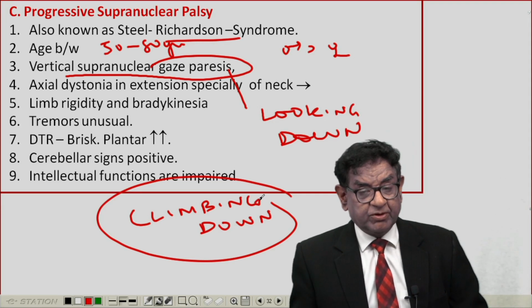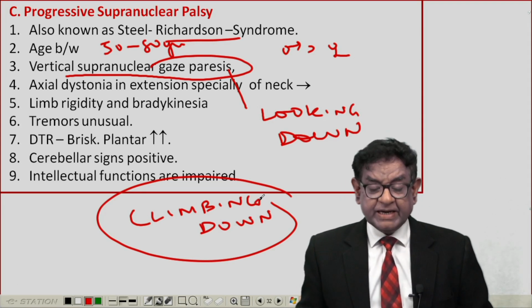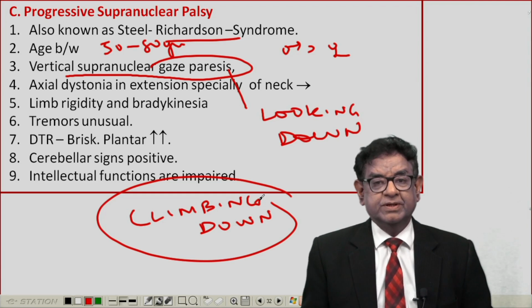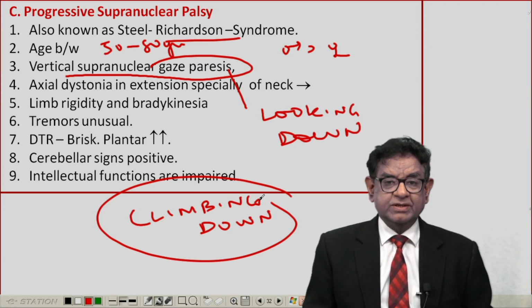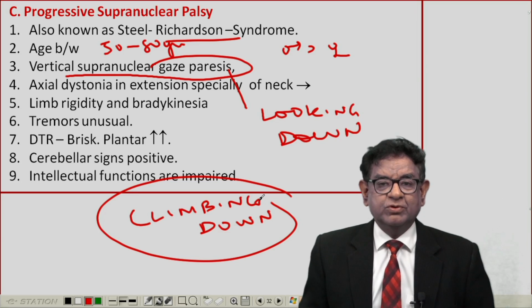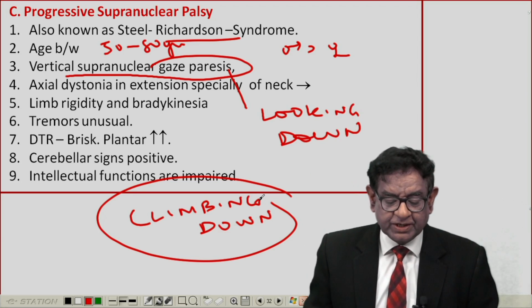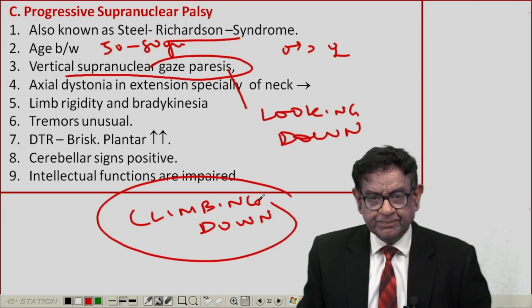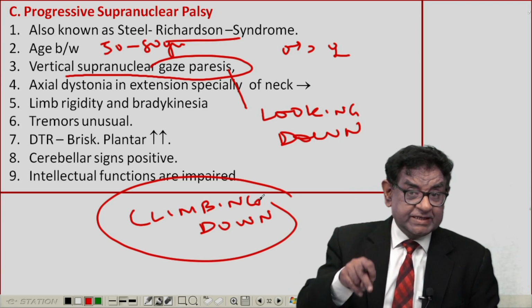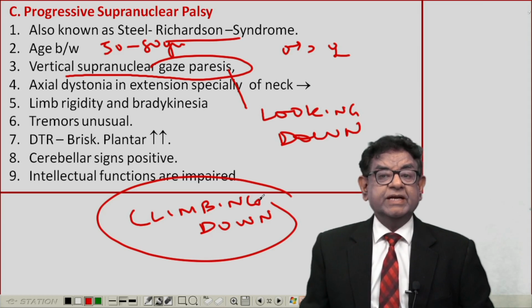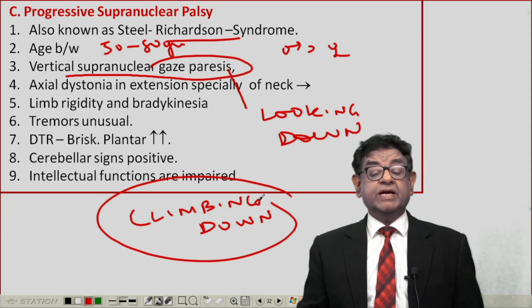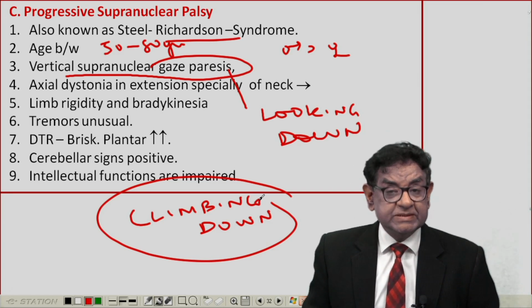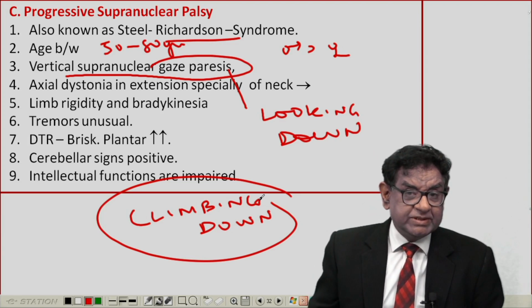Whenever we climb down, it's quite natural that we look down. Next time you climb down a staircase, you will see your eyes automatically go down. But these patients have down gaze palsy, they can't look down, so they tend to extend the body so that they can look down. But still, climbing down, they tend to fall.